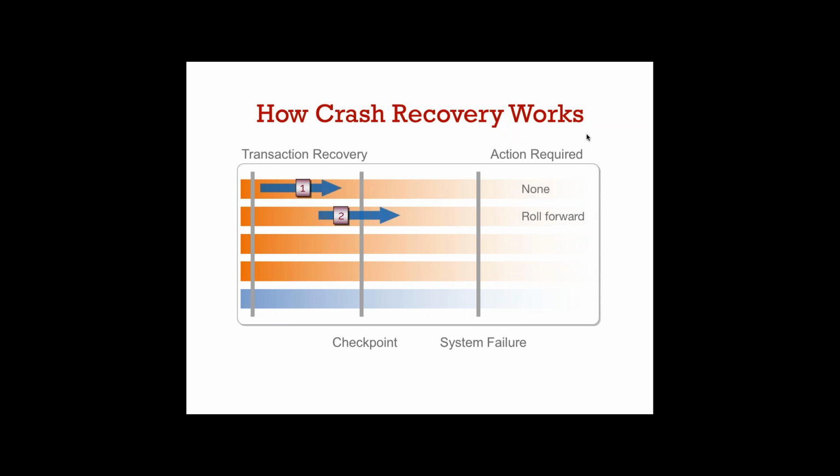If it was, it will get rolled forward. Transaction number 3, for example, did not complete when the database crashed. When crash recovery runs, SQL Server will roll that transaction back because it was not committed. Transaction 4 gets rolled forward, and similar to transaction number 3, transaction number 5 will get rolled back.